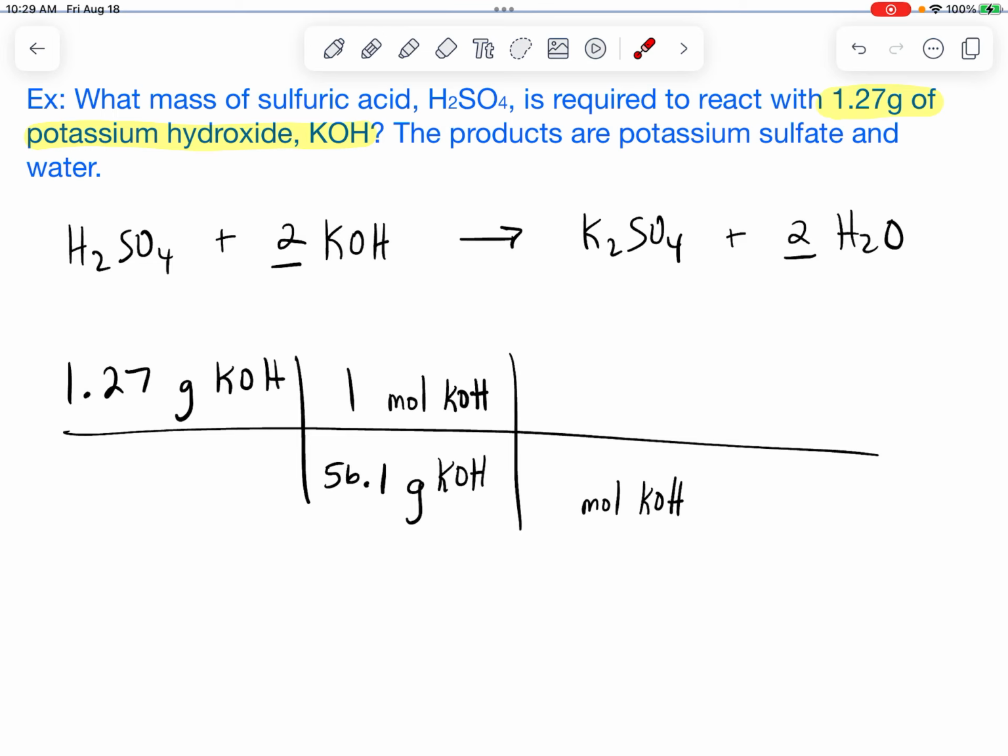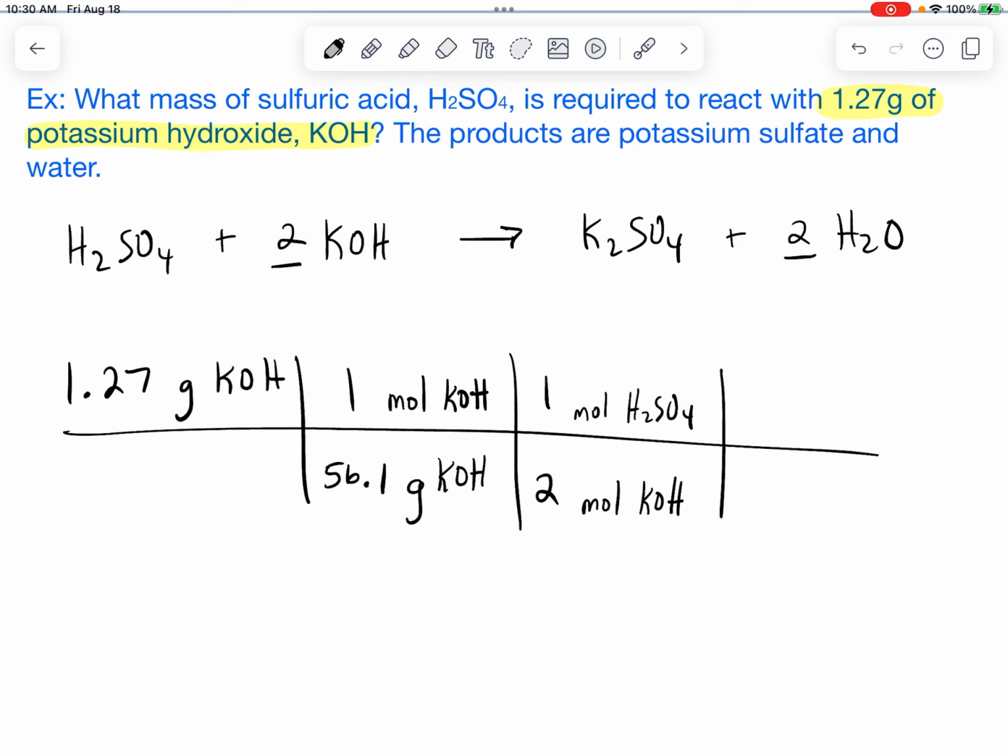We know we are trying to find the mass of sulfuric acid, so we are trying to determine the mole-to-mole ratio between moles of KOH and moles of our sulfuric acid, H2SO4. This is where you look at the coefficients in front of your balanced equation. For every 2 moles of KOH, we react with 1 mole of the sulfuric acid. So for every 2 moles of KOH, we have 1 mole of H2SO4.